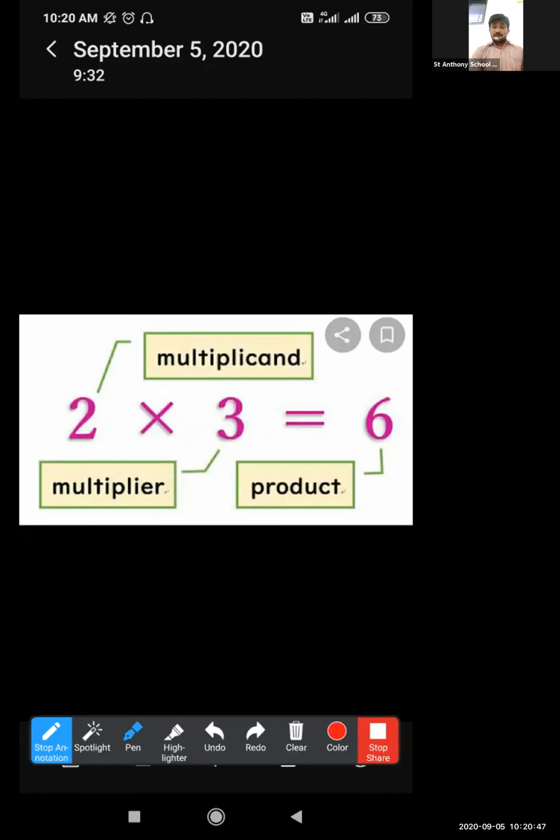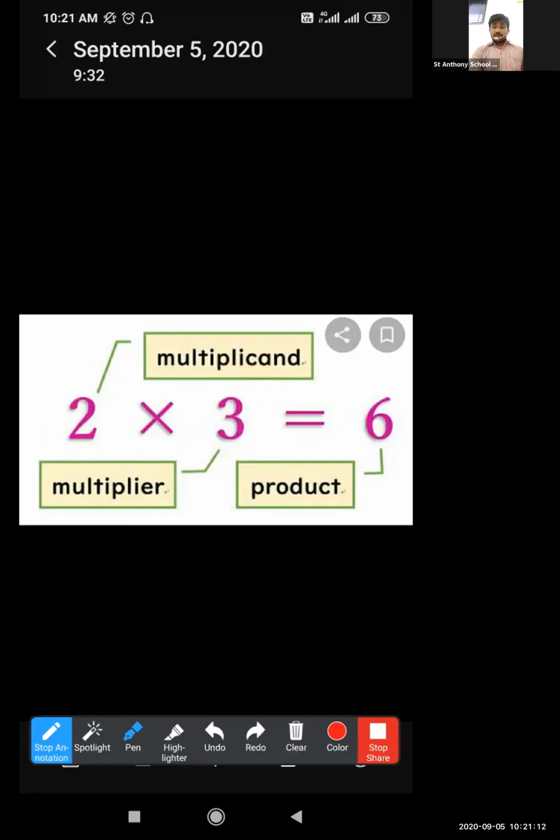So here, this 2 is multiplicand, this 3 is multiplier, and this is the answer, or we call it product. So there are 3 parts of multiplication: multiplicand, multiplier, and product.